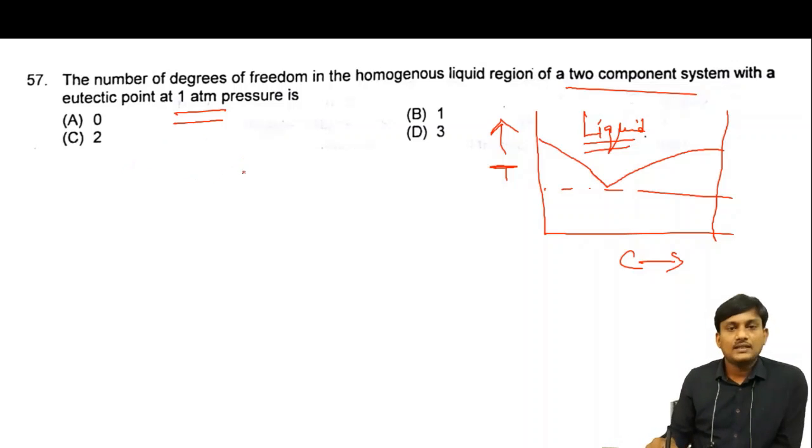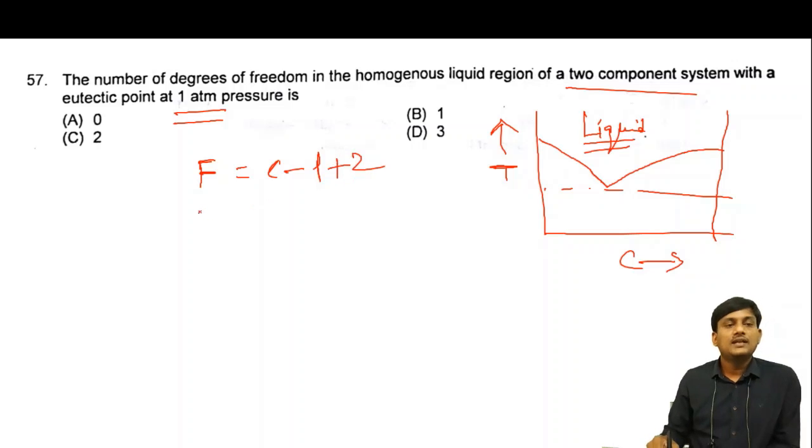Here you have to use the Gibbs equation, F is equal to C minus P plus 2. This is a relation between degrees of freedom, number of components, and the number of phases.